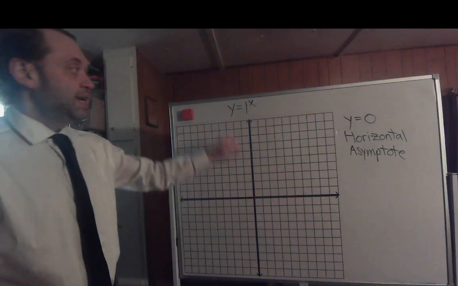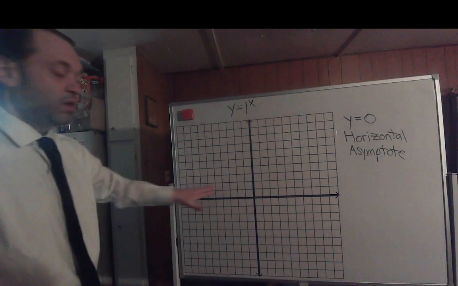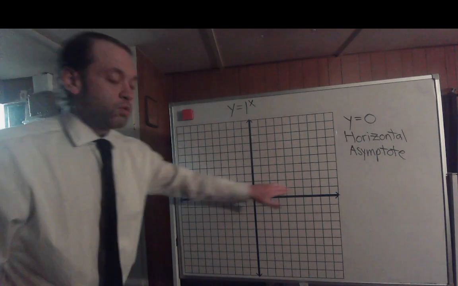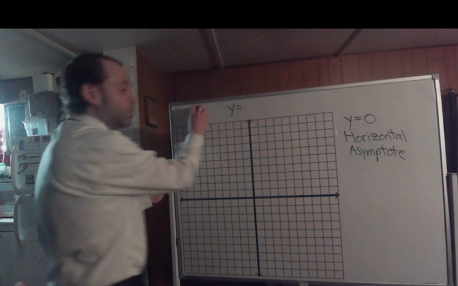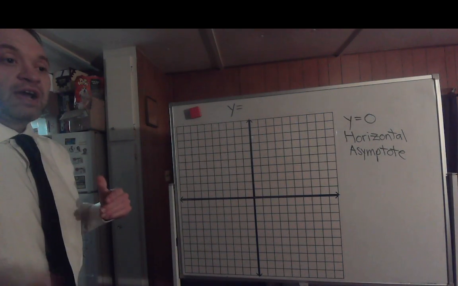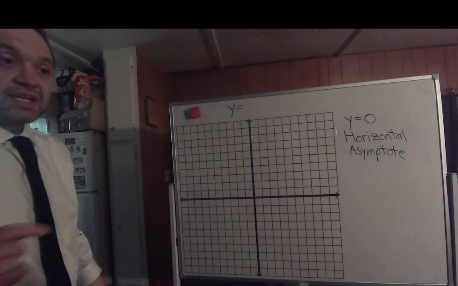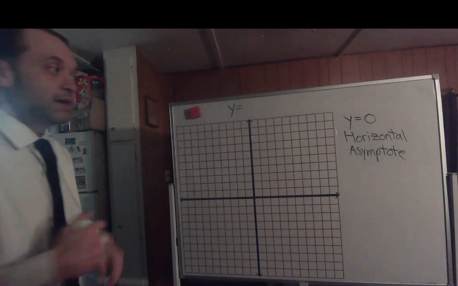Even if you put in negative values of x, you'll just get 1. You would have a flat line through y equals 1, a horizontal line. So exponential functions only work of this type if the base is not 1. The next lesson we'll talk about if the base is less than 1. We'll deal with that at that time.